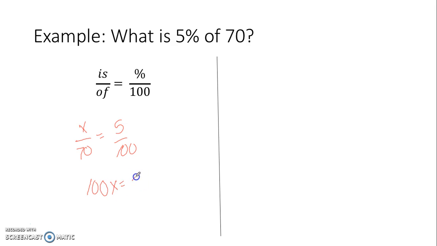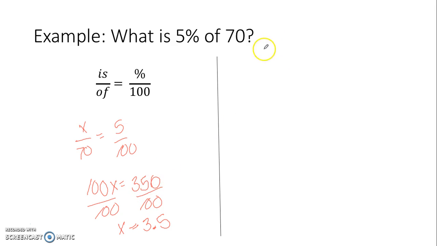We know 7 times 5 is 35, and then add that 0. Divide both sides by 100 to get x by itself, so x is equal to 3.5. We could do that in our heads because we simply move the decimal point over 2 places, a shortcut for dividing by 100.